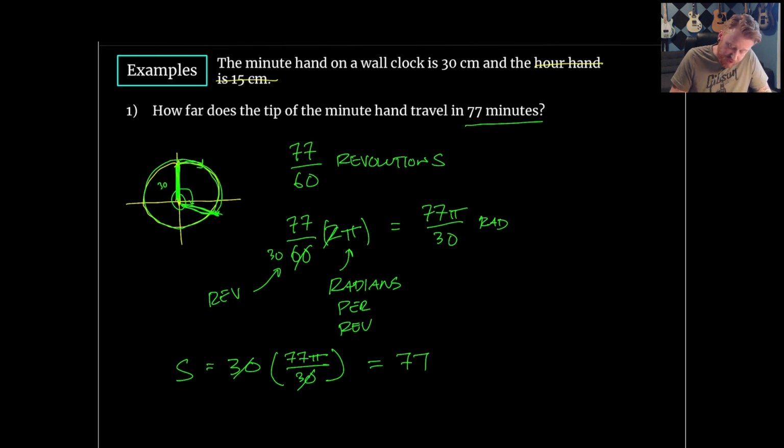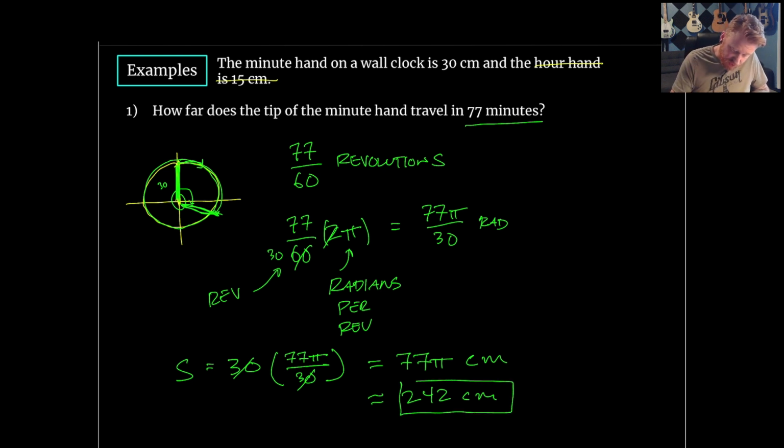And we're left with just 77 pi centimeters, which if we convert that, it's about 242 centimeters. I did convert it. So there we go. The distance that this has traveled as it went around was 242 centimeters.